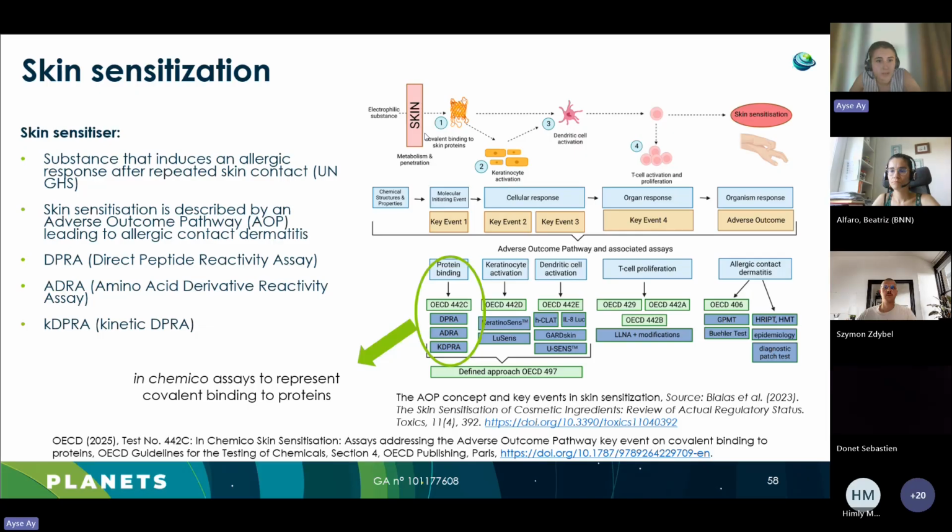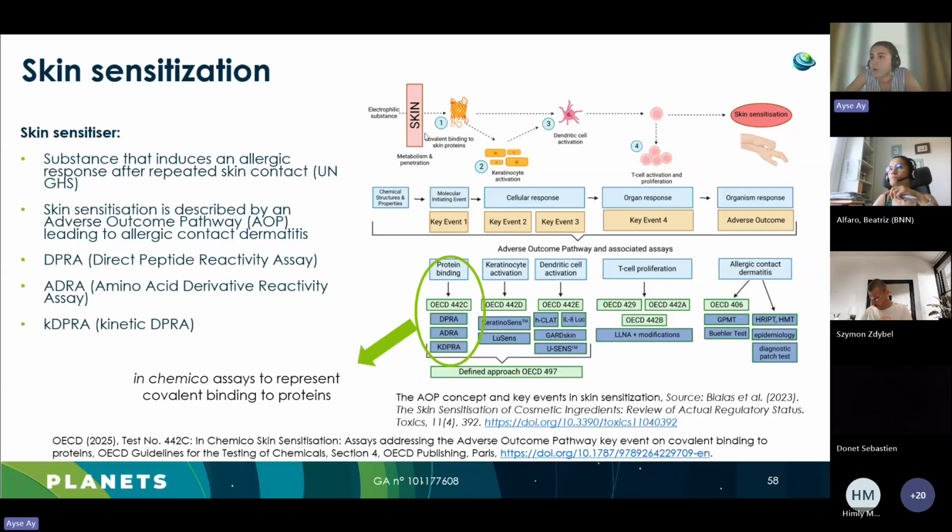This process is well described by an adverse outcome pathway, which links the initial molecular interaction to the final adverse effect. The first step in this pathway is the covalent bonding of chemicals to skin proteins, followed by a series of biological responses, including the activation of skin cells and the immune system.